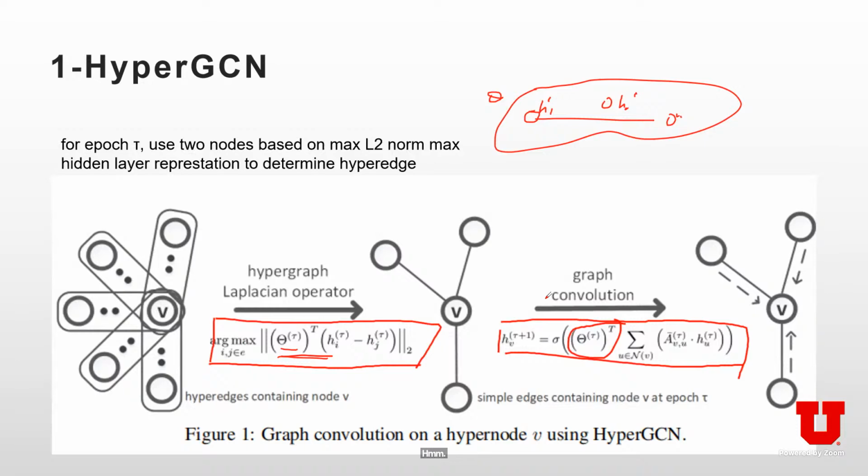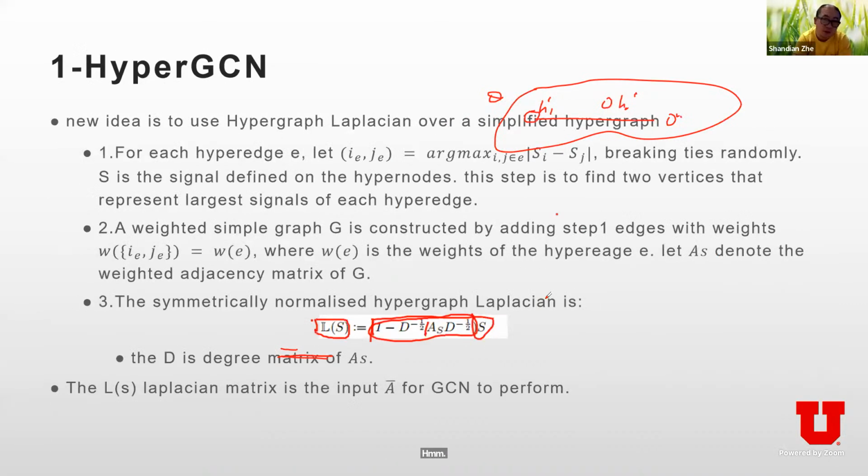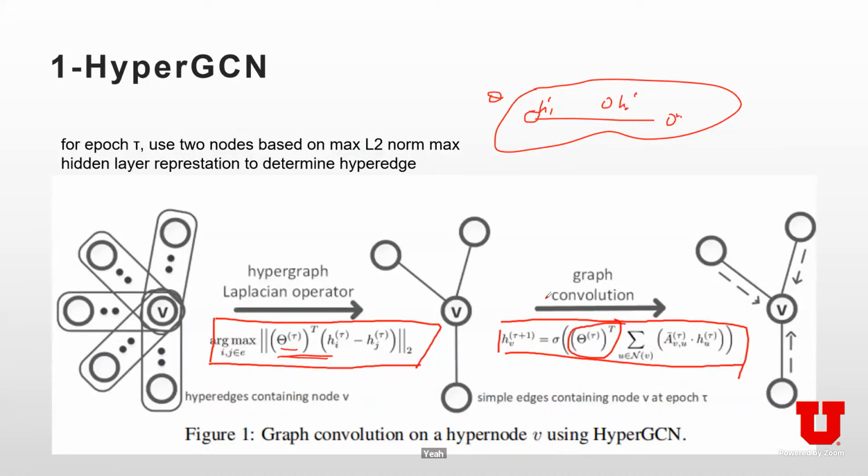I think it's the second layer. I'm not sure. Oh yeah, okay. The first layer is the hypergraph, and you multiply with theta to get the signal. Then you can decide the structure in the second layer. The second layer is for the outputs.